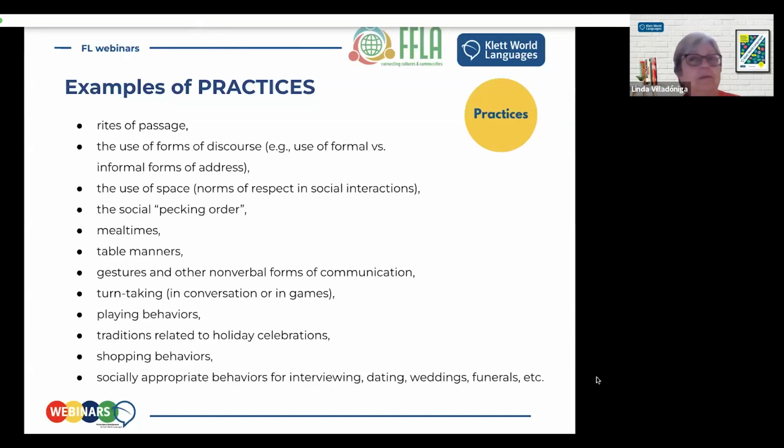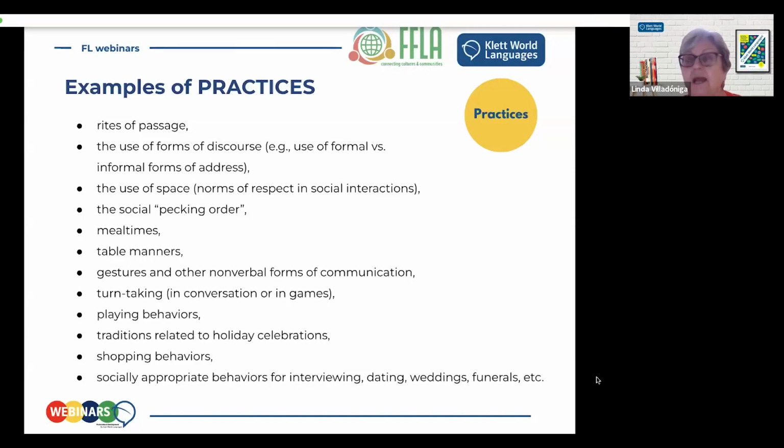And then dinner is maybe with a merienda in between. Dinner is at 8 or 9 o'clock. And that takes a little time to adjust to. But these are things that we can talk about in class. We can certainly elaborate on them, and the kids can start learning and internalizing.